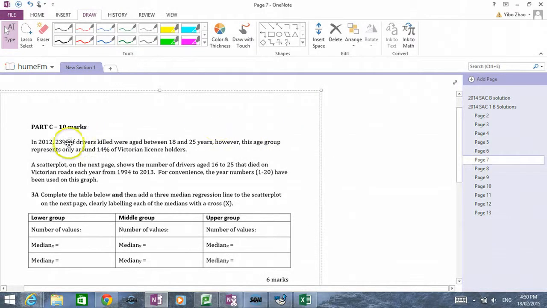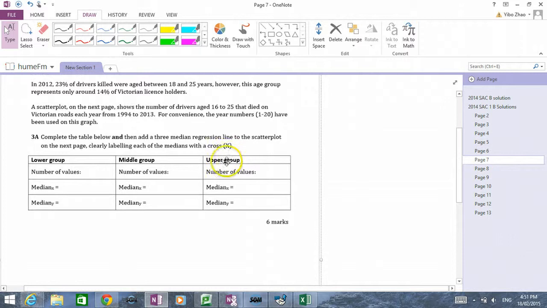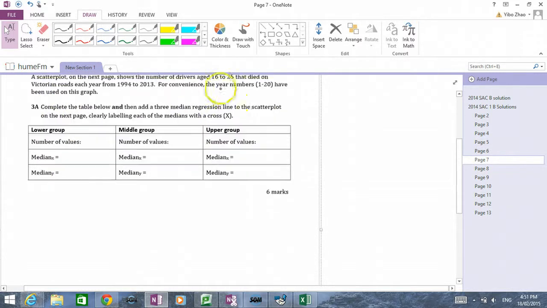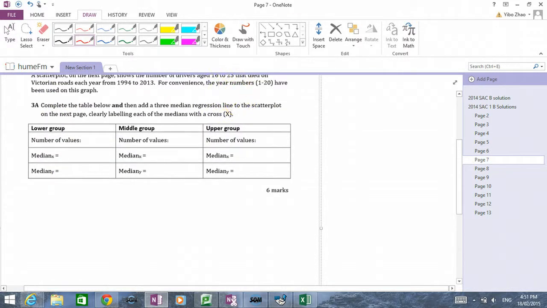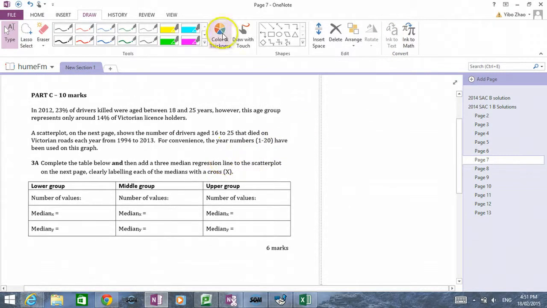Okay, now let's have a look at question C. Okay, question 3. Question 3a says, okay, now in this question, what's happening is we have a scatter plot in the next page, and we need to use the three medium regression line.